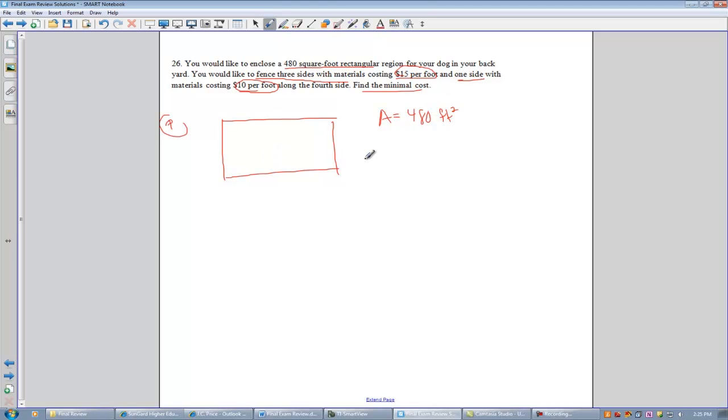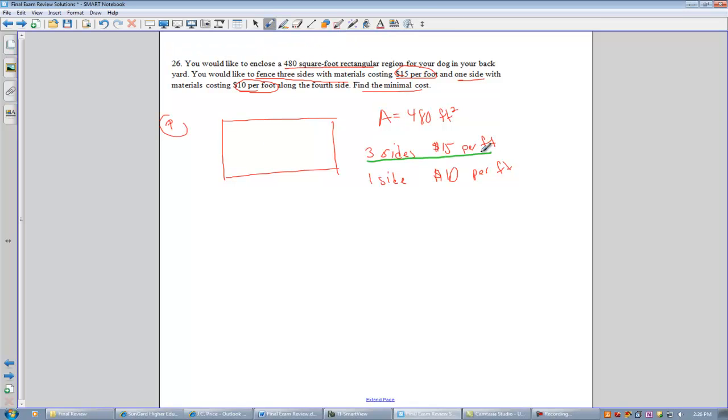You're going to do 3 sides at $15 per foot, and then 1 side at $10 per foot. Let's draw this on the picture here and color code it.